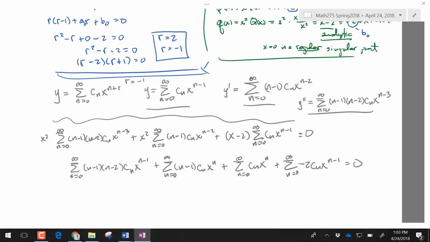We want everything to be at the same power. So we can have it to the n minus 1 power. If we have it to the n minus 1 power, we add 1 here. Or if we want it to be the nth power, we subtract. I think it's good to keep starting at 0.